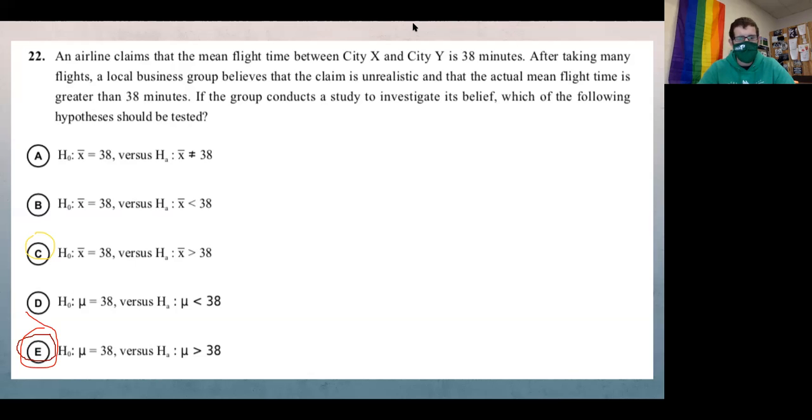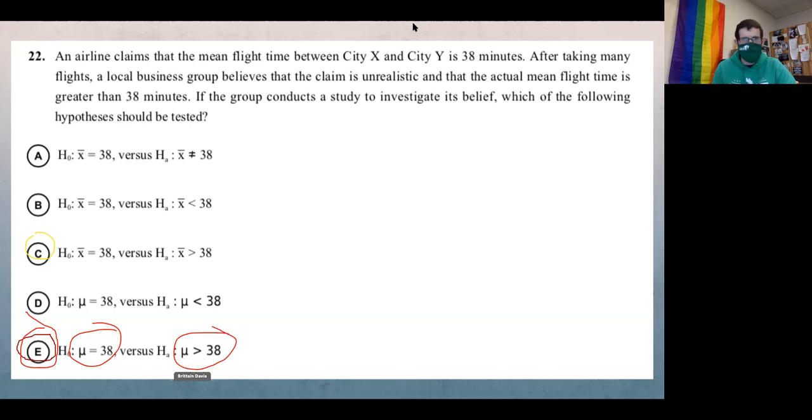And the thing to keep in mind is that we are always testing population parameters. So we're always dealing with mu with our hypotheses. We're never making an inference about a sample because we already have the sample results. We're taking those sample results and making an inference about the population. So we're either saying that the population is 38 minutes or the population is greater than 38 minutes.